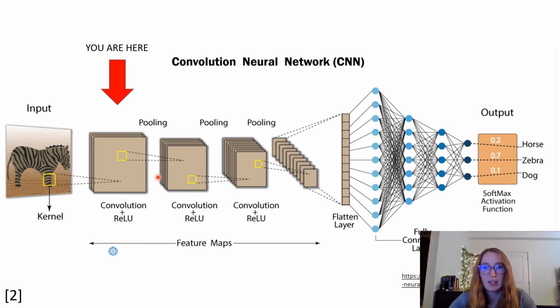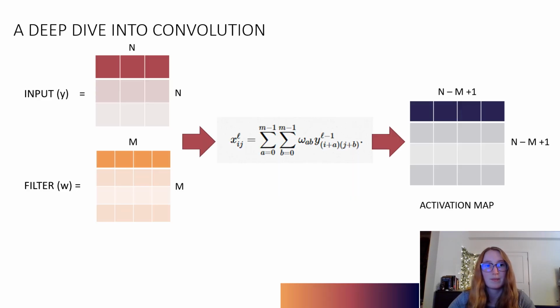In this layer, convolution filtering operations are applied to the data contained within the input layer. By this, I mean the data is filtered through the calculation of the convolution product of the feature and the section of data from the input layer that is being evaluated. So let's look at this mathematically.